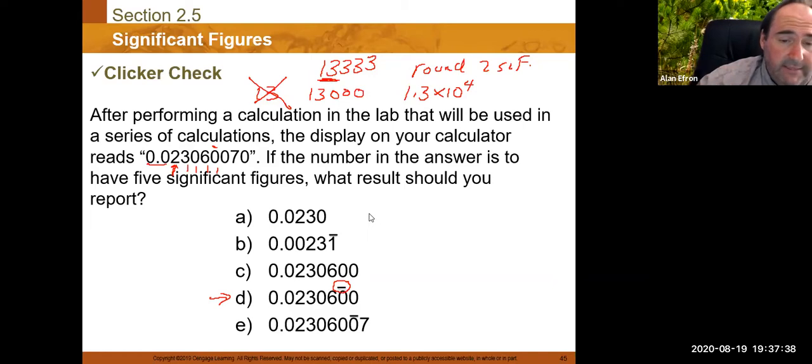So maybe because I'm a nice guy, you give me the $333 discount for being a teacher and you let me out of the room. If you write 1.3 times 10 to the 4, 1.3 is 2 significant figures in scientific notation. So either one of those is okay. People sometimes go crazy with the rounding in an effort to get the right number of significant figures, and they do what I call extreme rounding. You never want to change the actual meaning of the number when you do rounding. It needs to maintain basically what it is.